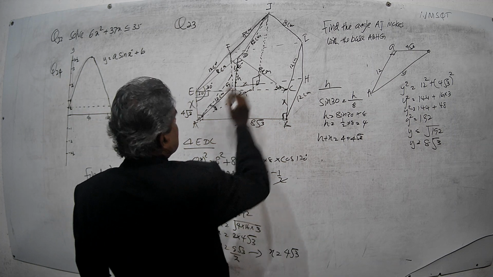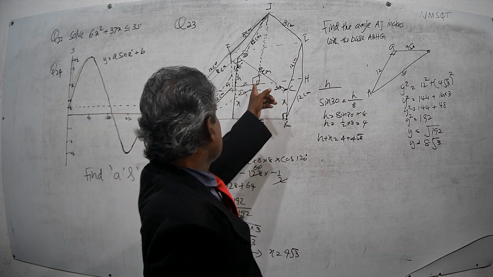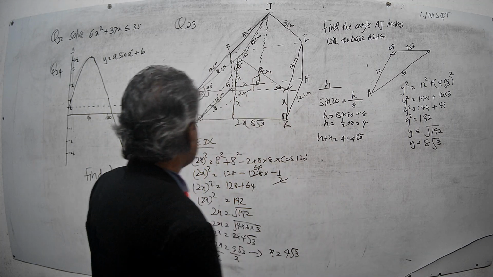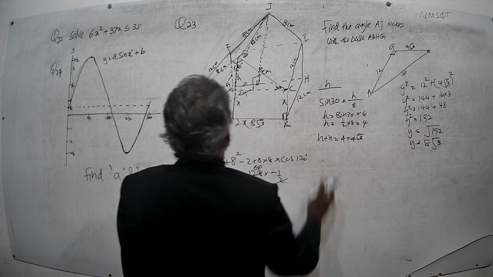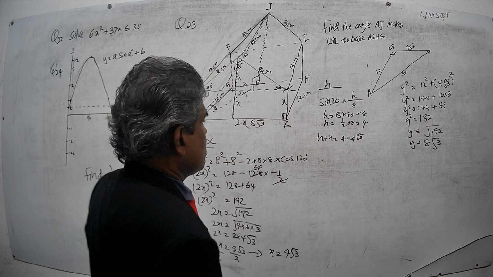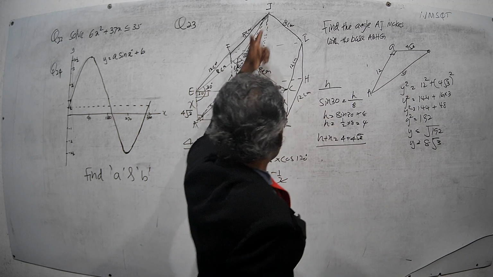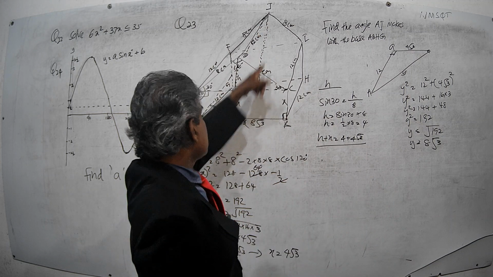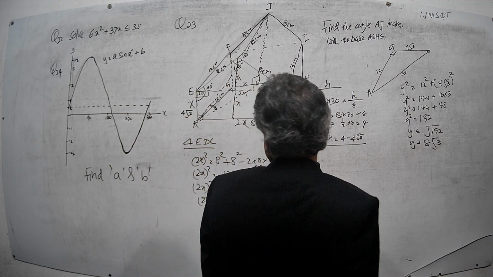Now we know this side, so we can apply tan. This height was found as this one. With that, what we want is this length.